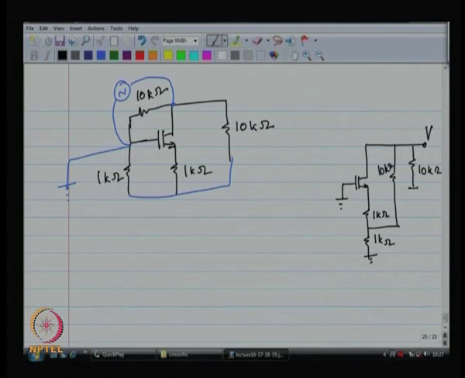Once again there is the element of feedback which is going to create some problems for me, but I do not fear these problems. I just redraw the circuit in this fashion. I apply my voltage and I want to find out what is the current coming in. Have I redrawn the circuit correctly? It looks like I have done it correctly. All right. So, this is the plan.